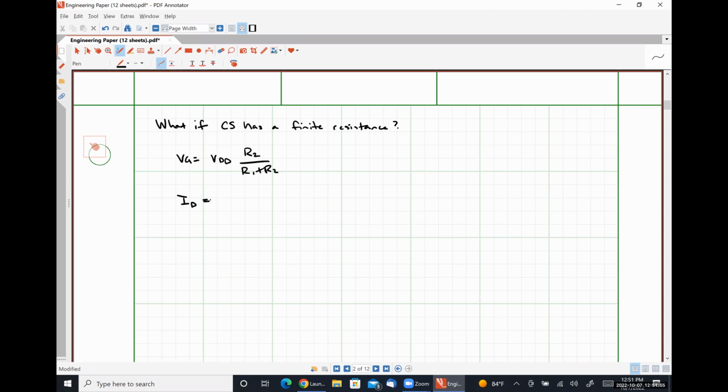Our drain current ID can be written as IS plus our source voltage over our current source resistance.